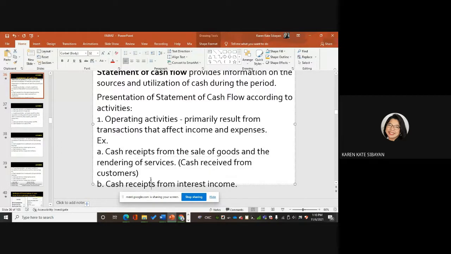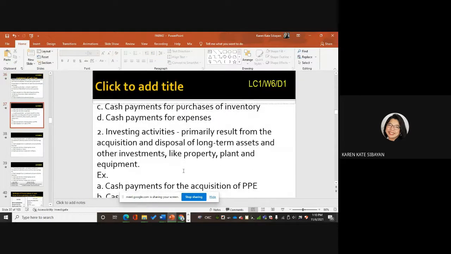Then, you need to figure out how much is the amount he received. So, you should not only look at the income statement. Look also at the adjustments, look at the trial balance.